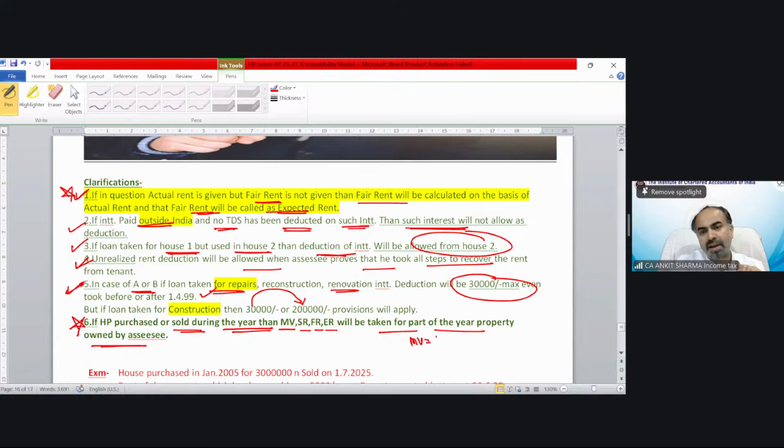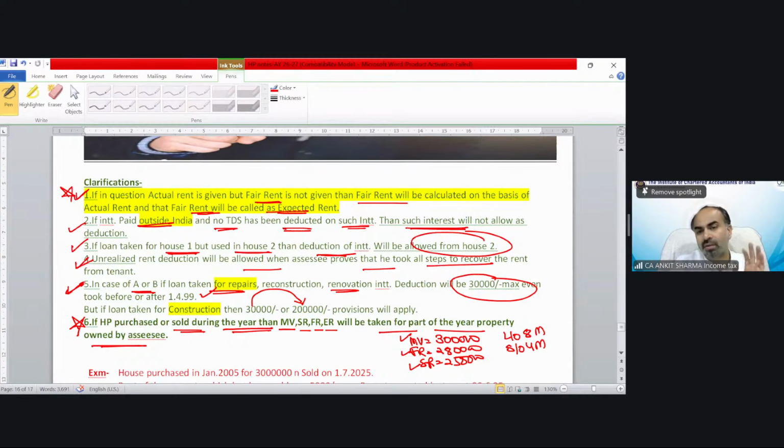Suppose your municipal value is 3 lakh, fair rent is suppose 280, standard rent is suppose 250. The property is let out for 8 months and self-occupied for 4 months. So these values will always be considered for the full year.